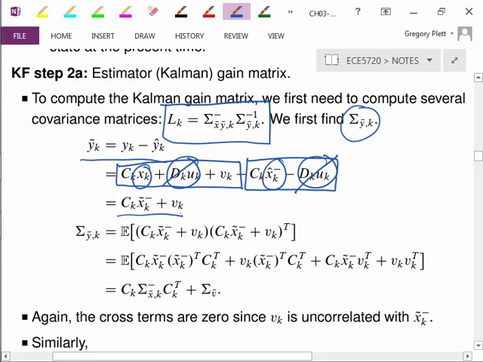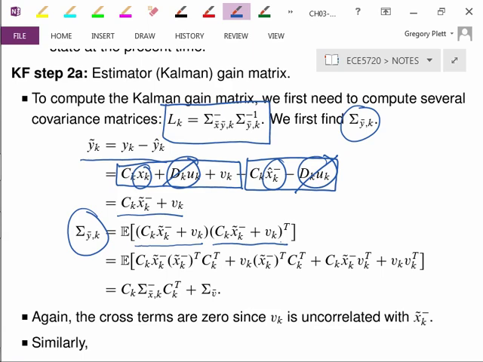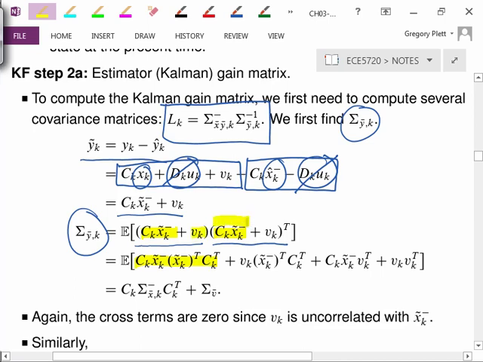We use this to compute sigma y tilde, which is the expected value of y tilde times y tilde transpose. And the mathematical steps are basically the same as what we saw for step 1b. We use FOIL first to expand this out. So Cx tilde all transposed, v times Cx tilde all transposed, Cx tilde times v, and v times v is there.